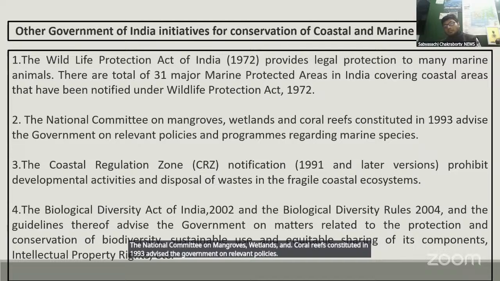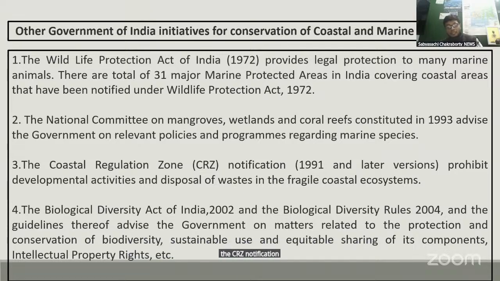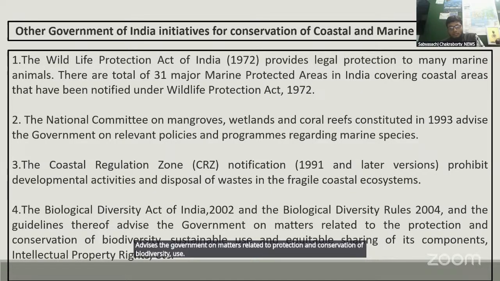The CRZ notification prohibits development activities and disposal of waste. The Biological Diversity Act of India and the Biological Diversity Rules 2004 advise the government on matters related to protection and conservation of biodiversity, use and equitable sharing of its components and other properties.